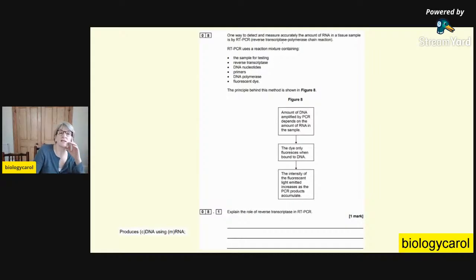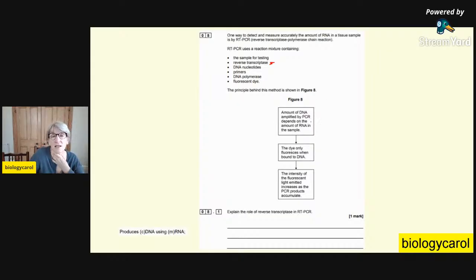Anyway, one way to detect and measure accurately the amount of RNA in a tissue sample is by RT-PCR, reverse transcriptase PCR reaction. This mostly looks like the ingredients that you need for PCR, except for this baby here, or maybe fluorescent dye, not necessarily always.